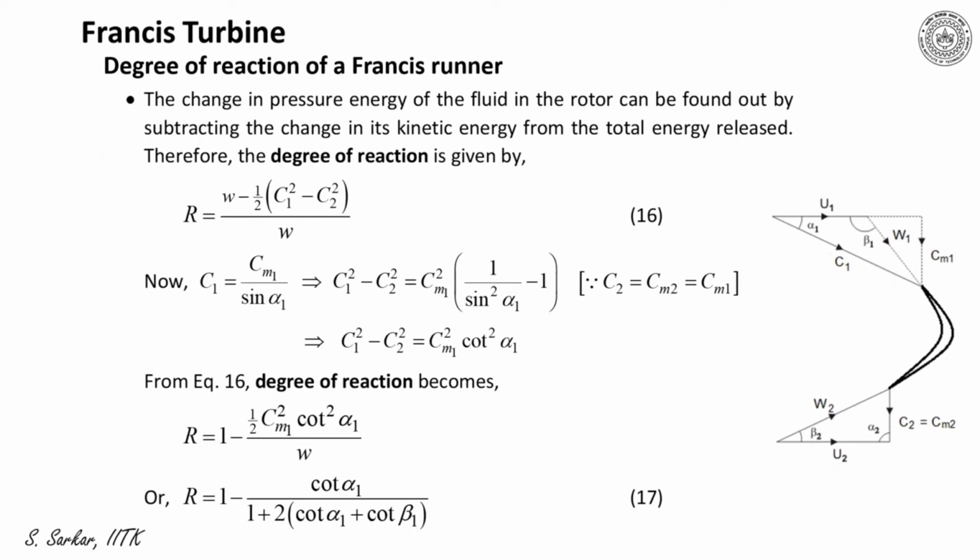Now, with respect to the velocity triangle, please note that C1 is the inlet absolute velocity to the runner and C2 is the exit absolute velocity.